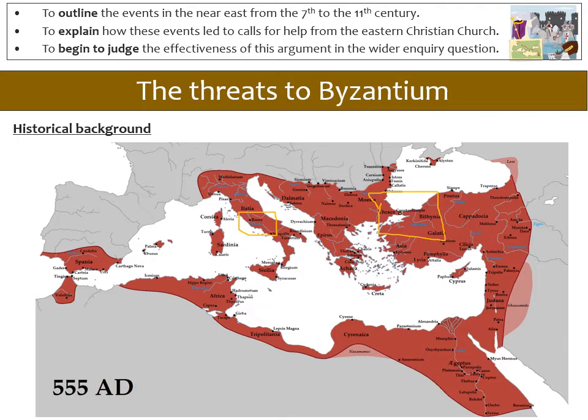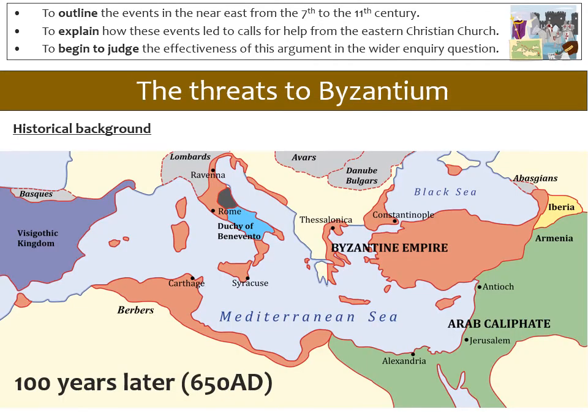And with the emergence, particularly in the 7th century, of Islamic warlords and Islamic caliphs, the Byzantium Empire starts to shrink. So you can see that by 650 AD, the situation is completely different.